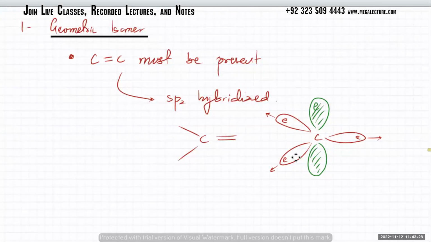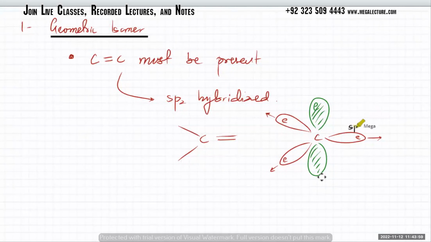One electron bonding with one atom, one electron bonding with another atom, and you've got another electron. So all 3 electrons are getting attracted by some atom, 3 atoms. And the fourth electron is initially not doing anything. So that's known as sp2 hybridization, which means that 3 of its electrons change shape and become sp2 hybridized orbitals.